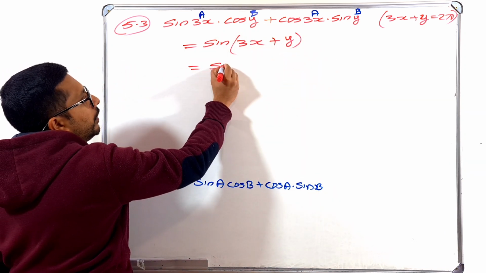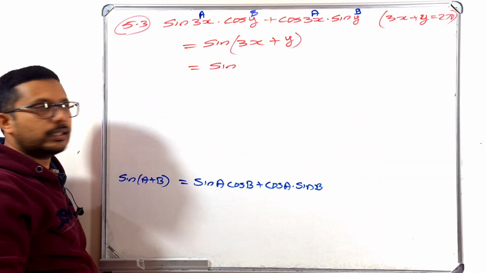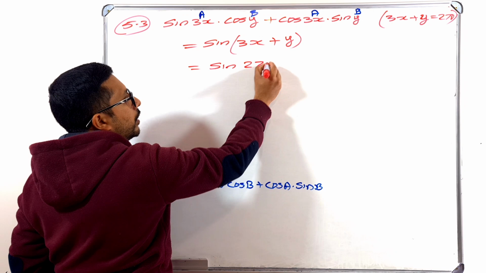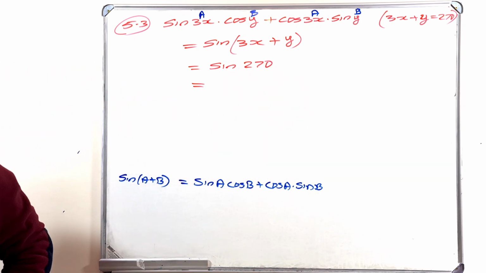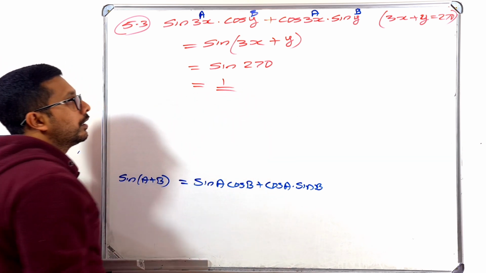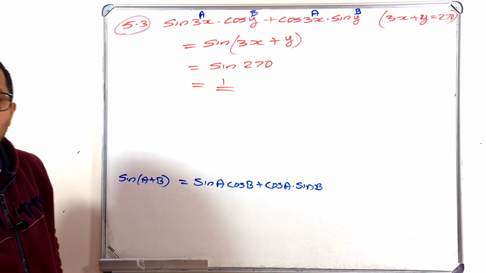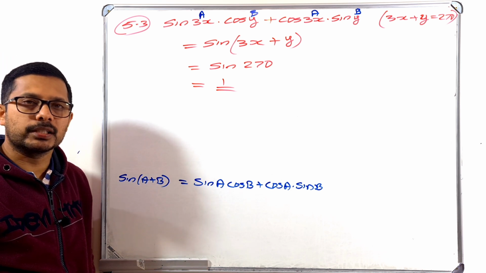And it is given in the question that 3x plus y is 270. So what is the answer of sine 270? Don't use a calculator, nothing is written there. Sine 270, the answer is minus 1.